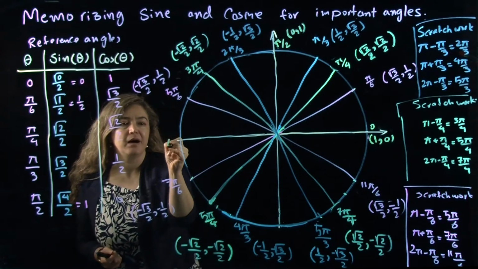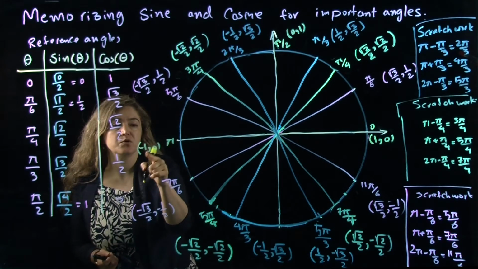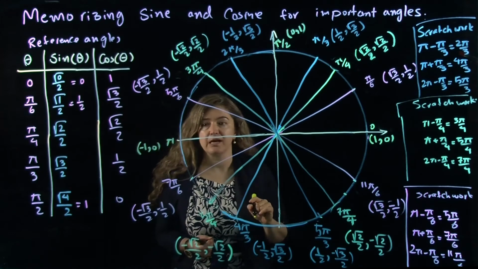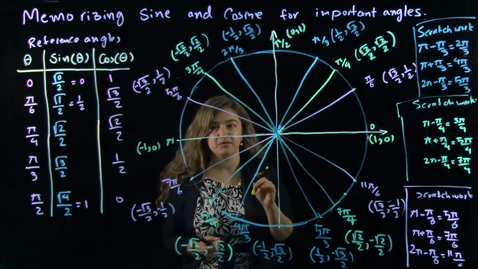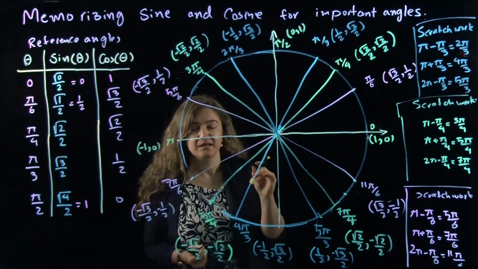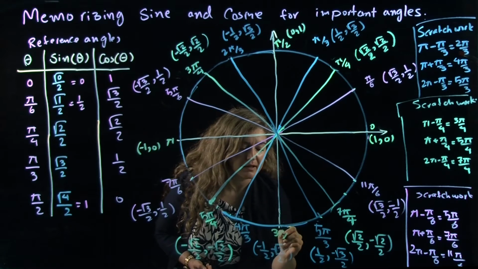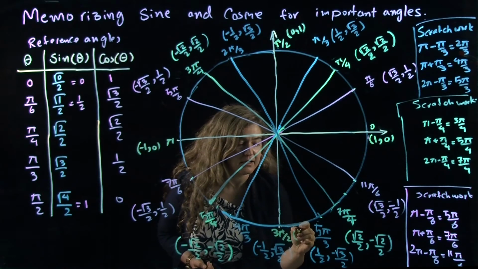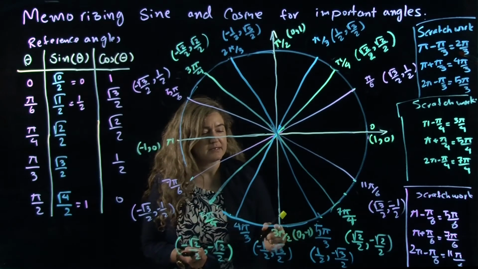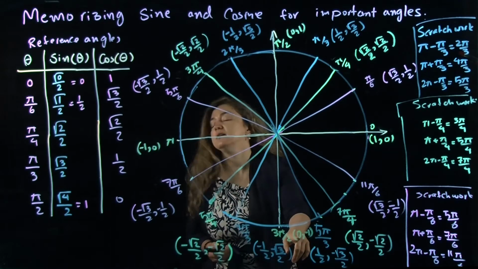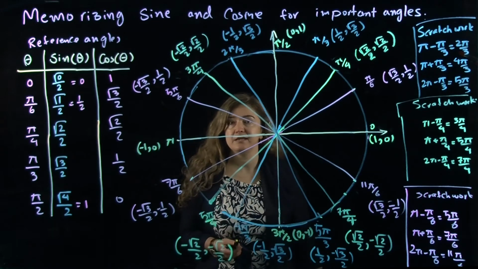In here, pi, and negative 1 and 0, so cosine of pi is negative 1, sine of pi is 0. I'm sorry about that. And so 3 pi half, and then I get 0 and negative 1. That is cosine of 3 pi half is 0, sine of 3 pi half is negative 1.